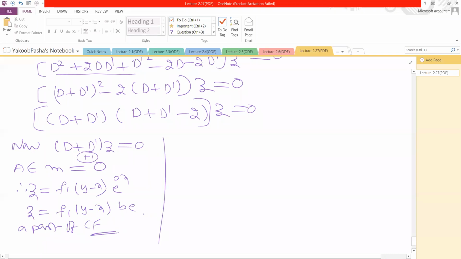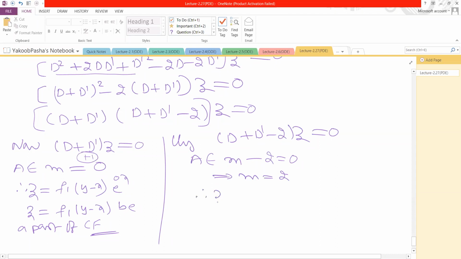Okay, next take the second term (D plus D' minus 2) of z is equal to 0. Similarly, we can take the auxiliary equation, just to consider D, just to omit the D' term. So write m minus 2 equal to 0, means m equal to 2.